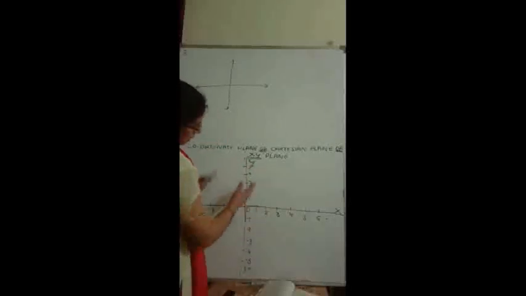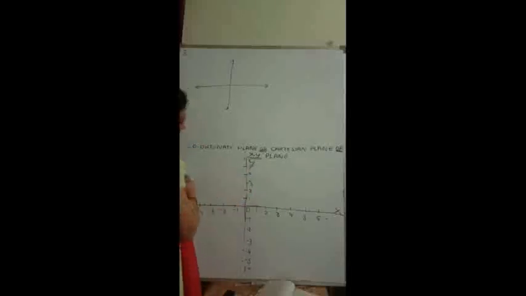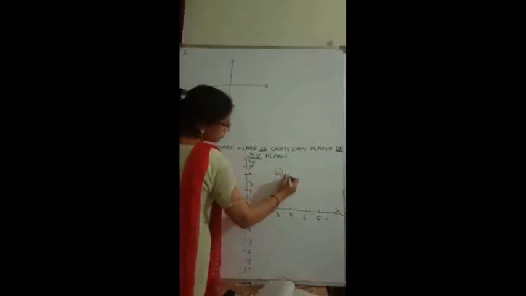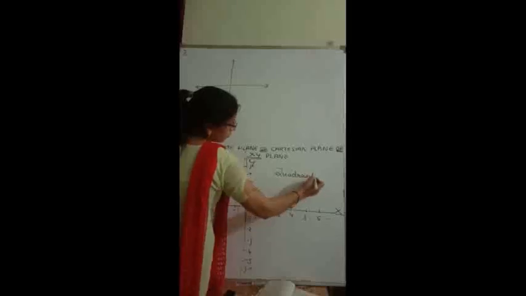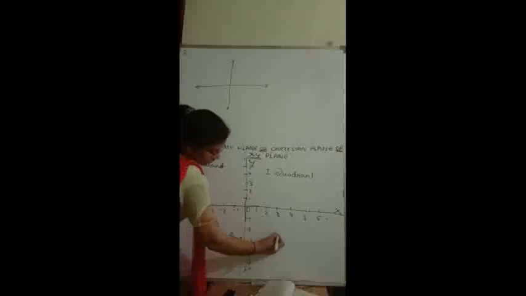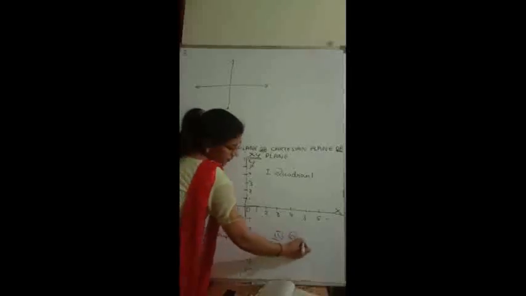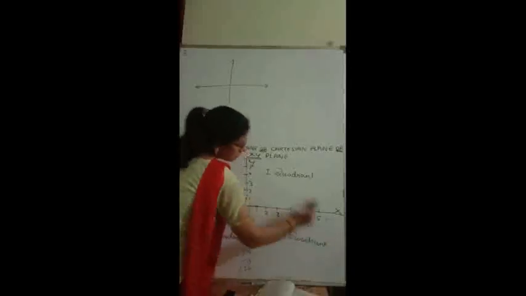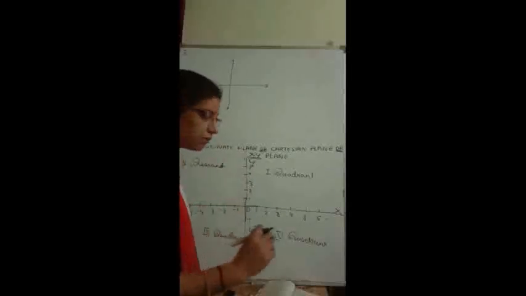This first part is known as the first quadrant, this is the second quadrant, this is the third quadrant, and this is the fourth quadrant. So there are four quadrants in the xy plane.